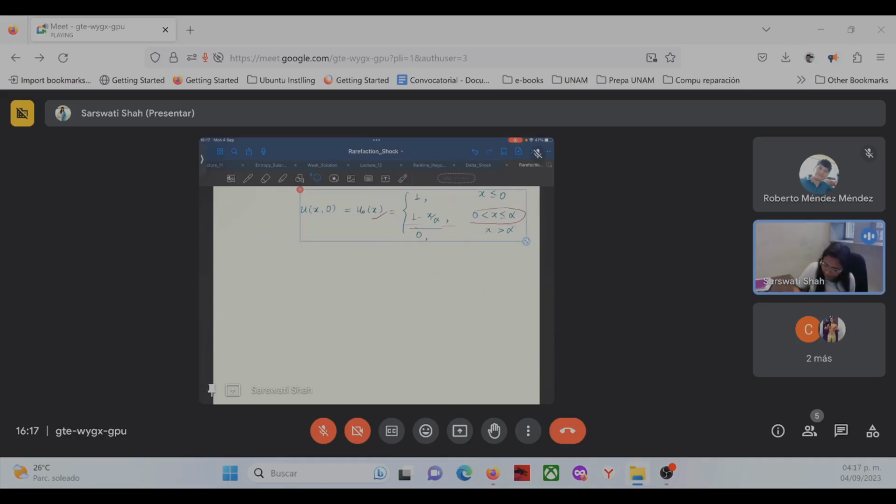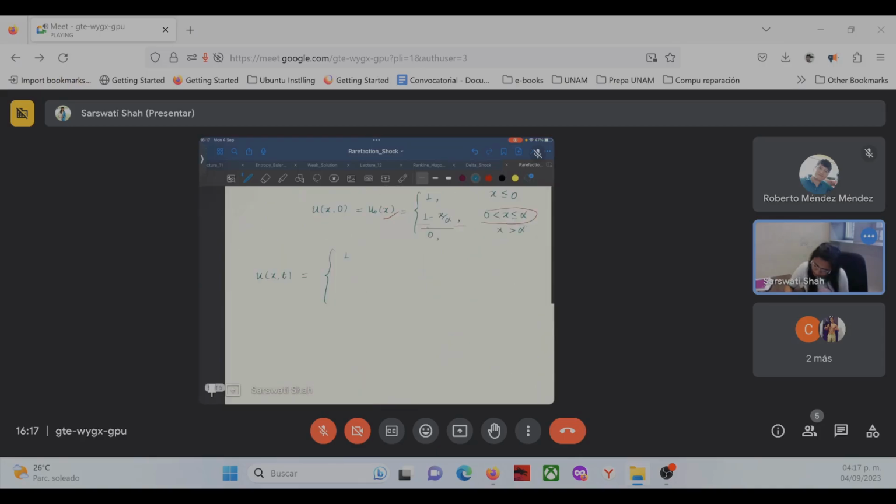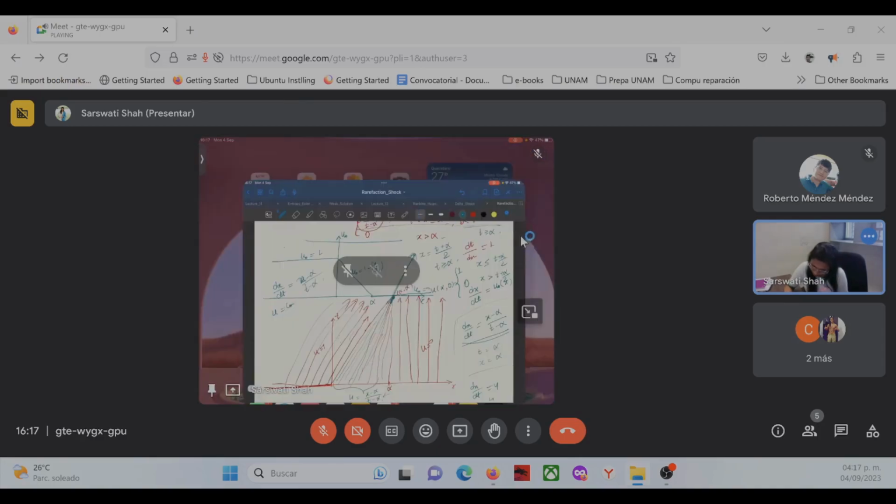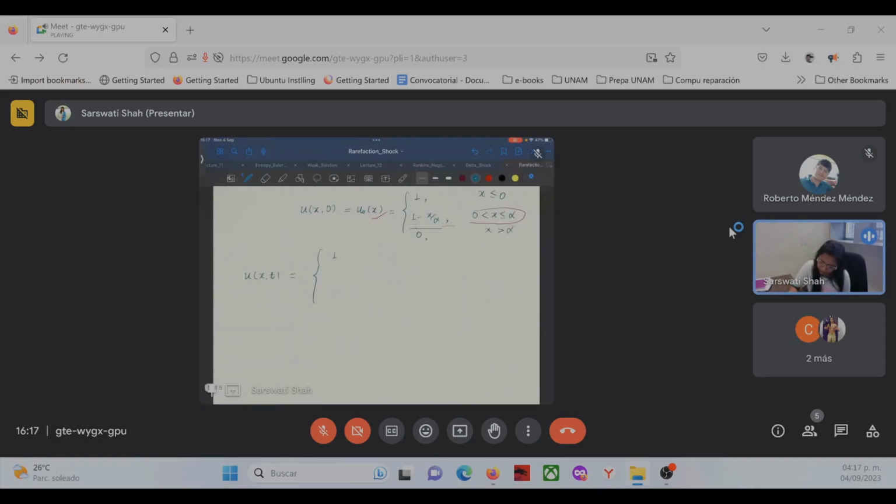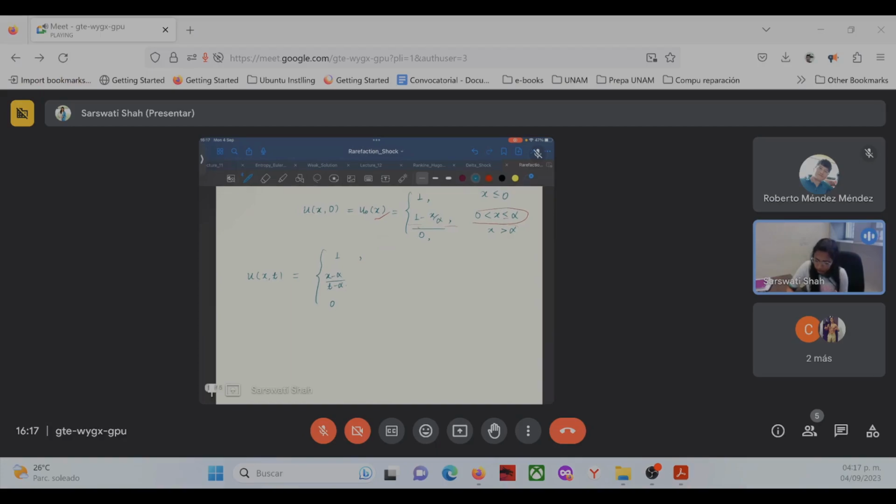This is the initial data and I am getting the solution u(x,t) equals 1, then (x minus alpha) over (t minus alpha), and 0. Now to make the solution continuous, when x is approaching t, then it becomes 1. So x is less than or equal to t.